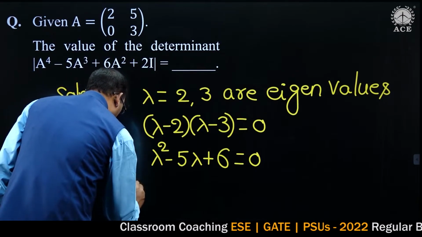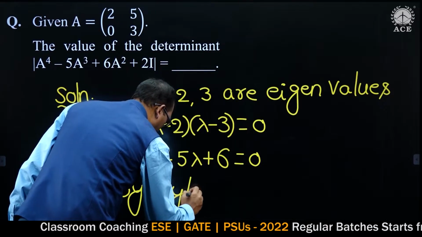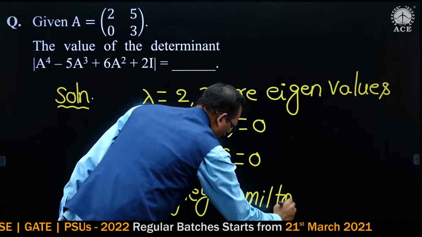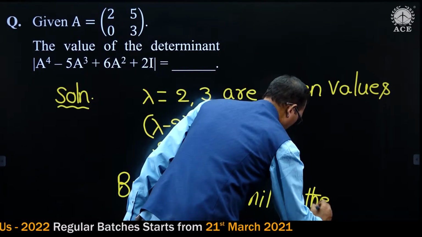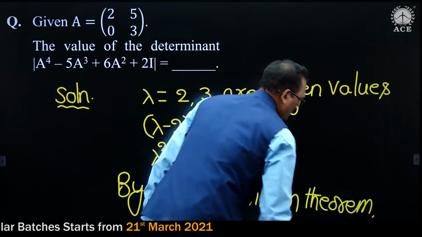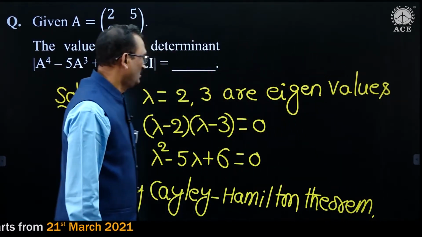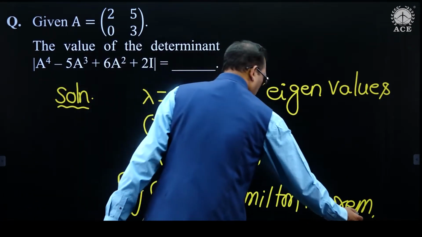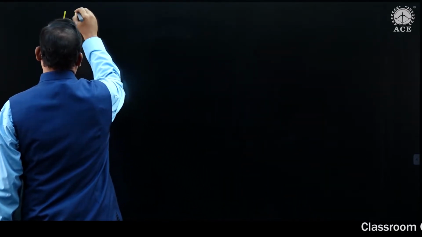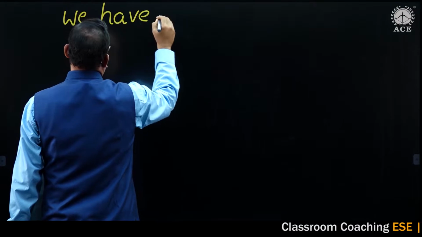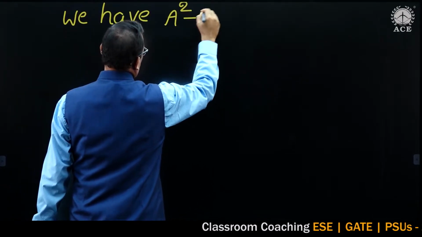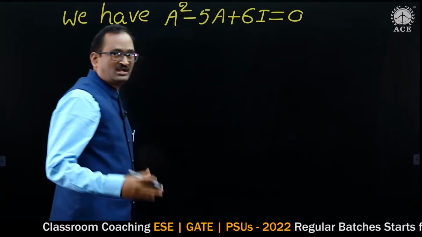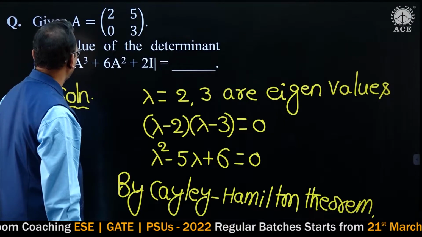Therefore, by Cayley-Hamilton theorem, we have A square minus 5A plus 6I is equal to 0. Now take the given problem.